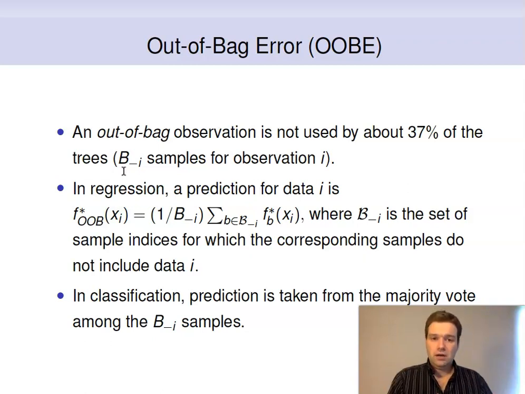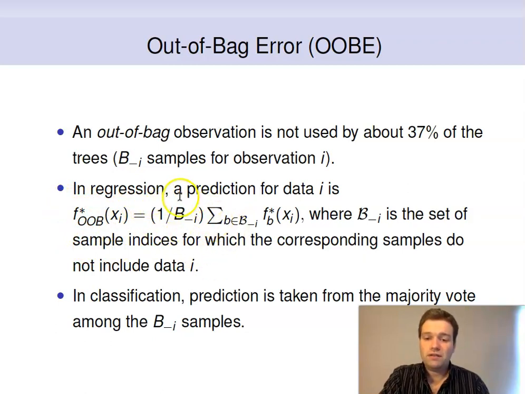Data point i is an out-of-bag observation. Therefore, we are going to see the predictions for this data point i obtained with the B minus i samples. And we have here an estimate of the out-of-bag prediction, f out-of-bag. What is that?